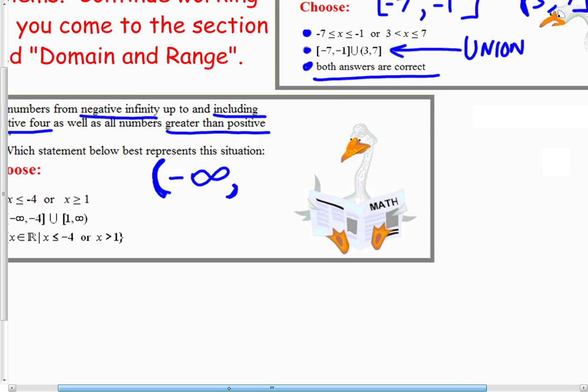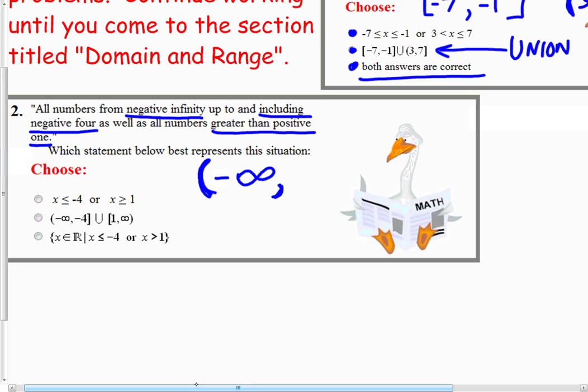If it includes -4, I should have a bracket. It includes it. We want it. Numbers greater than +1. So we want something that includes that.